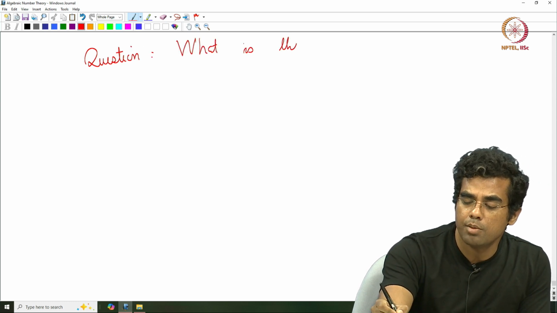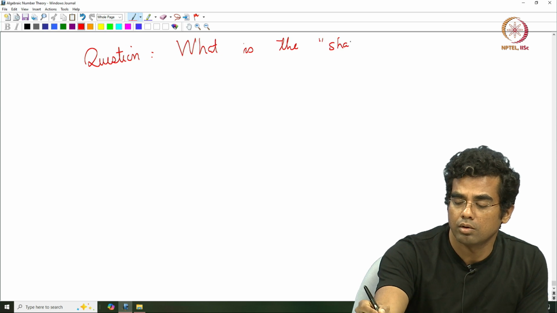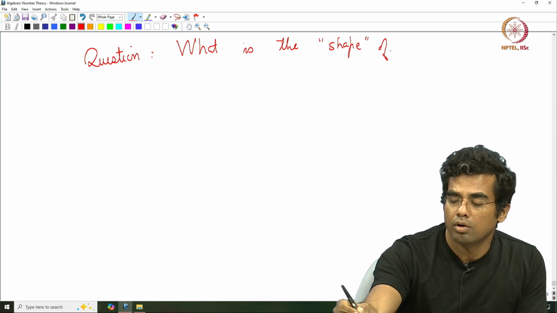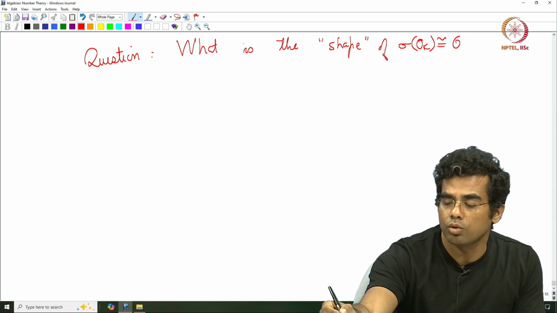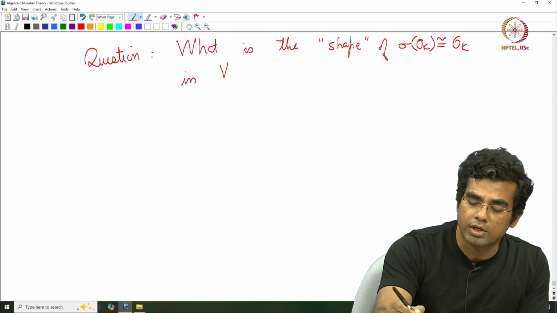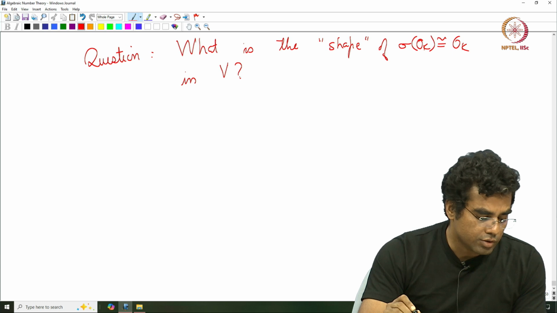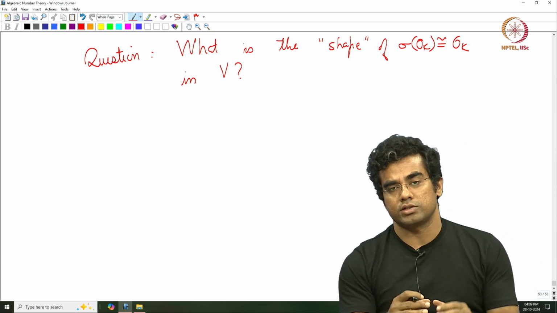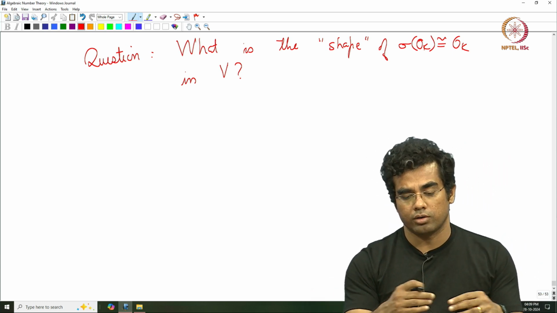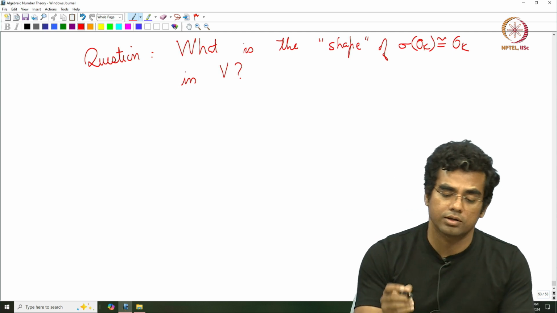So, the question: what is the shape of sigma of OK, which is isomorphic to OK, in V? In particular you can ask whether it is very thinly spread out in one direction.